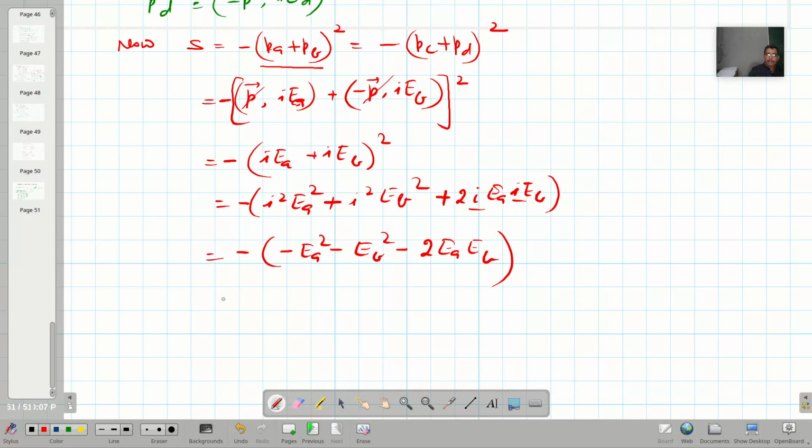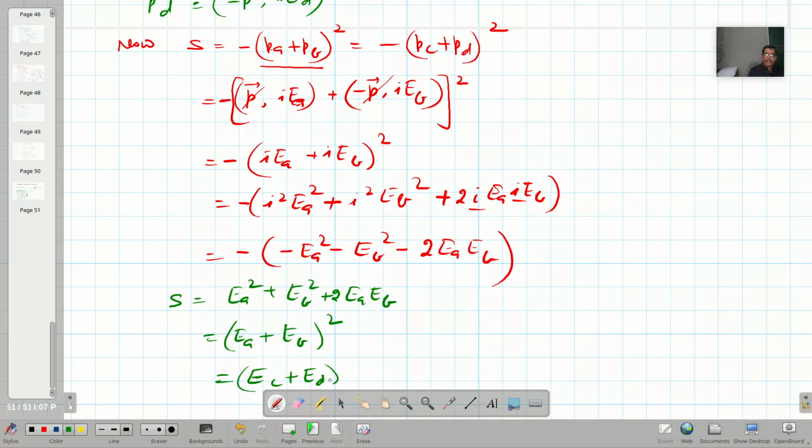This minus makes everything positive, so S comes out to be EA square plus EB square plus 2 EA EB. It can be written as EA plus EB whole square, and similarly we can also prove that it is equal to EC plus ED whole square. Let us call it equation number 5.